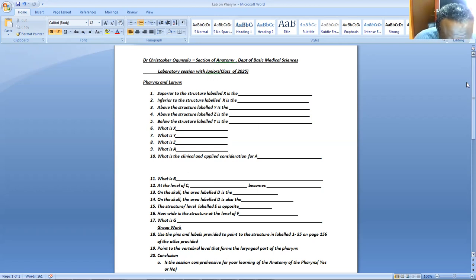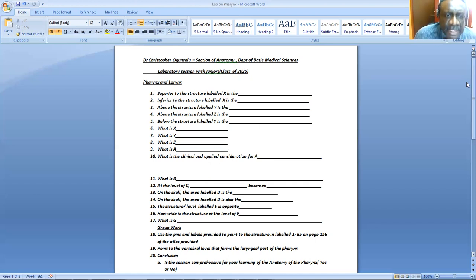It is also at that level, the level of lower border of the cricoid cartilage, or the level of C6 vertebra, that the pharynx becomes the esophagus. So you will see another label C, and then there is a label D, which relates to the base of the skull.